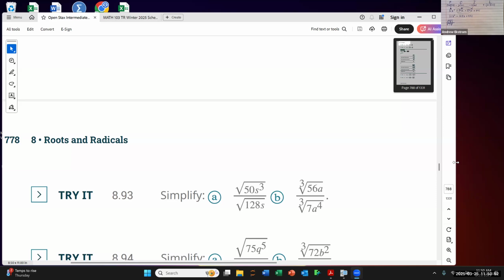So again, a couple different ways we can actually try to do this one. So what's 56 divided by 7? So those have been canceled out to give us that. A on top, a to the fourth on the bottom. It's going to give us a to the 3.